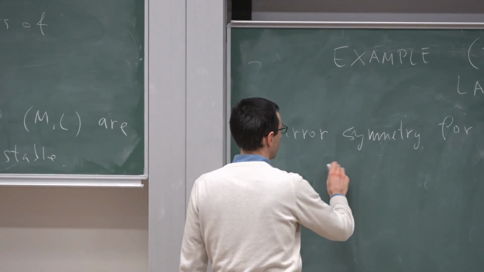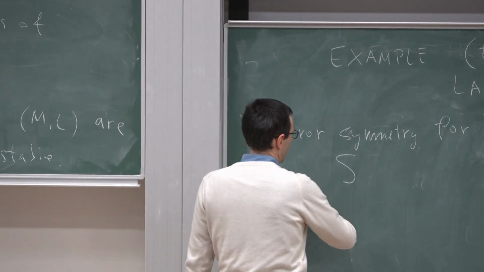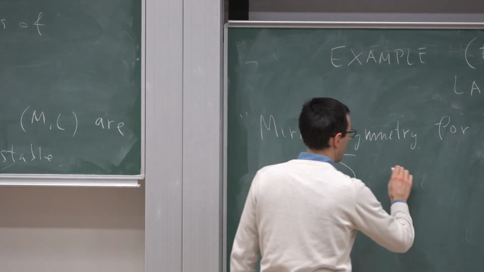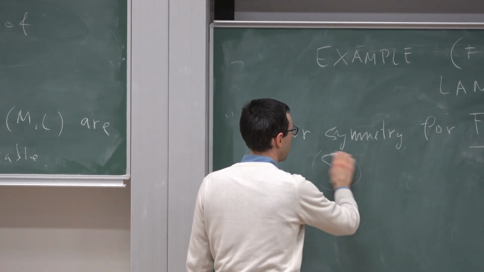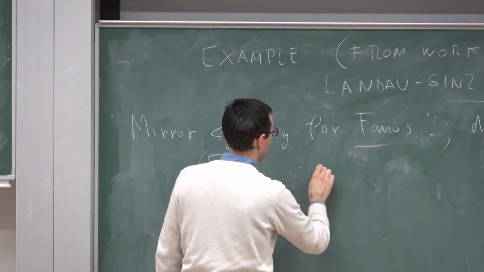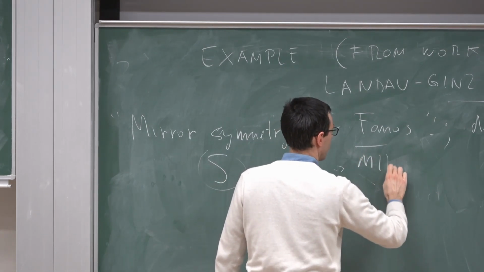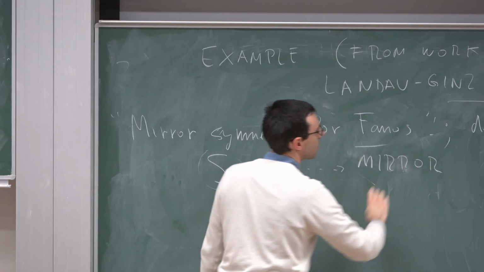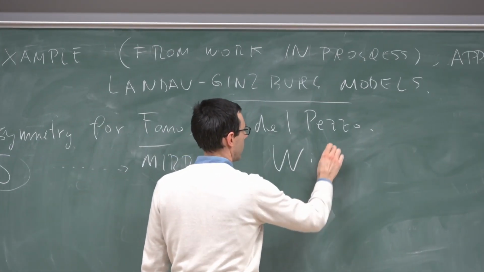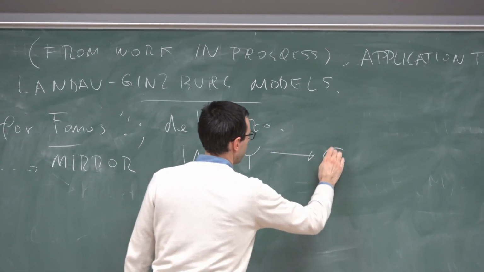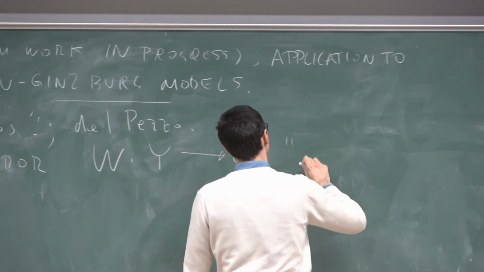If you have a del Pezzo, say S, this general theory posits that there should be some mirror to this del Pezzo surface, which is not just a variety, it's a variety together with a map down to C, which is called the mirror LG model.